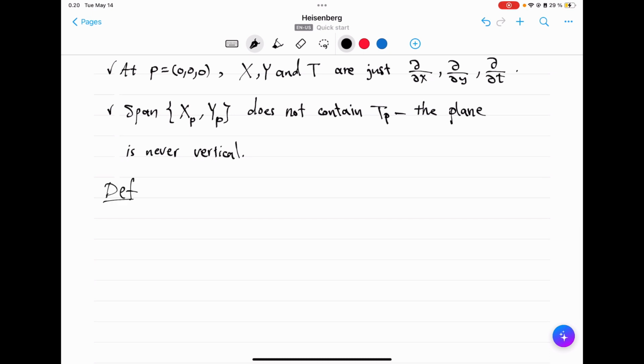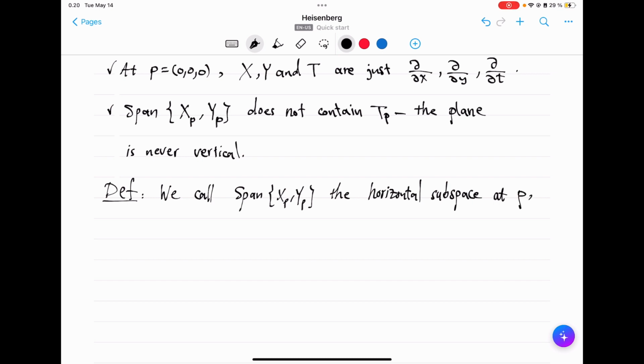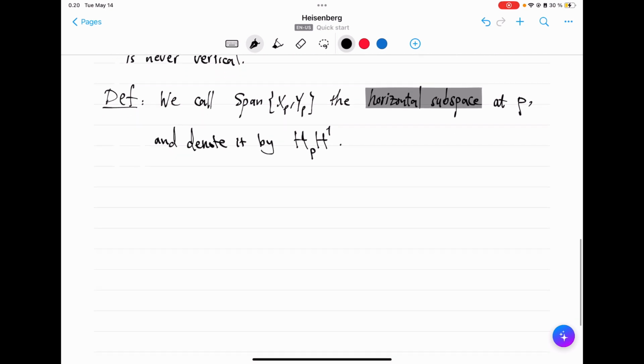So the definition is, we call the span of xp, yp the horizontal subspace or horizontal subbundle at P, and denote it, let's say, by H1 at P. Okay, so that's the definition of the horizontal space.